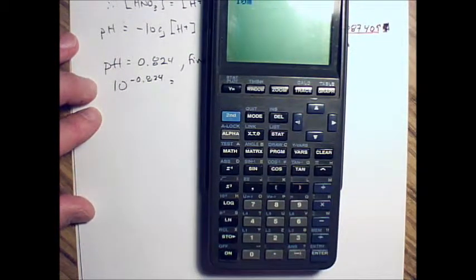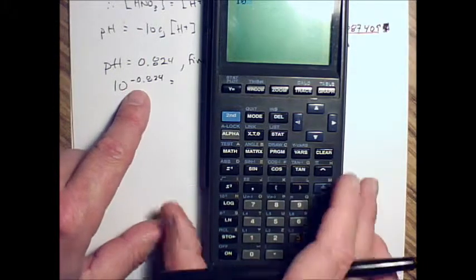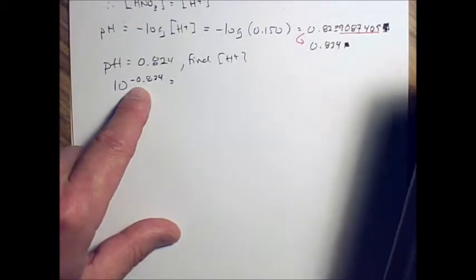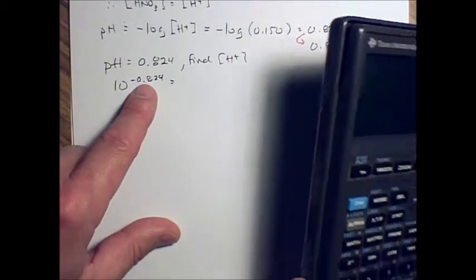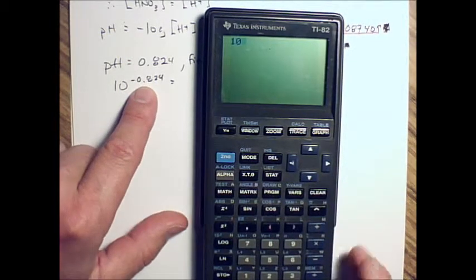The negative is what happens when you put it on this. To undo a negative logarithm, you got to have a negative exponent. What's the exponent for that last one?